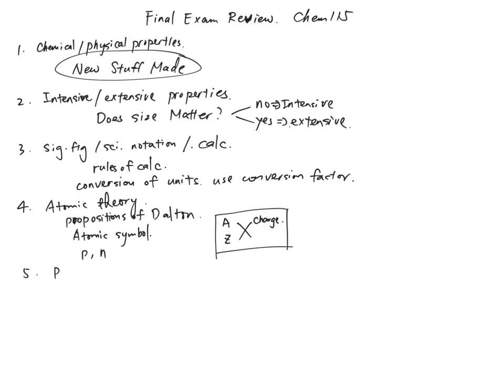Then we start to talk about a general introduction to the periodic table and different groups. Elements are in the same group because they have similar chemical and physical properties.